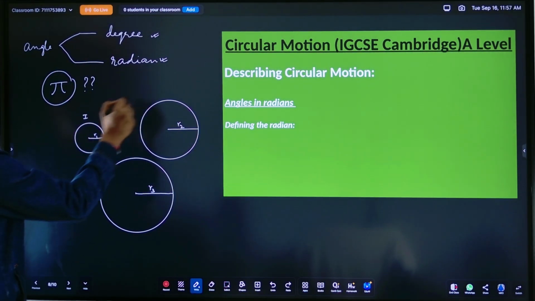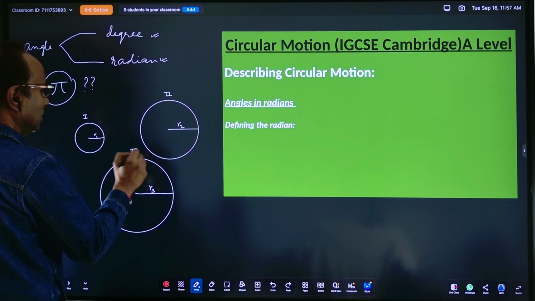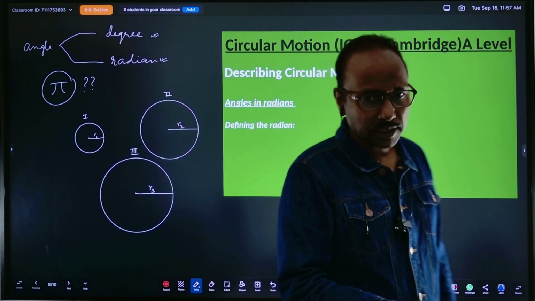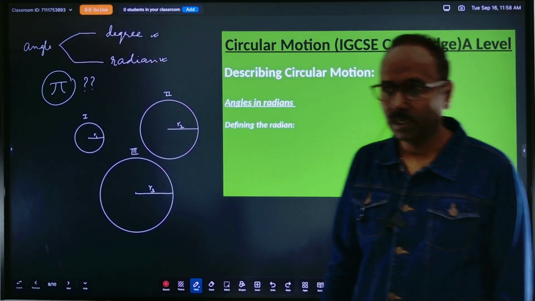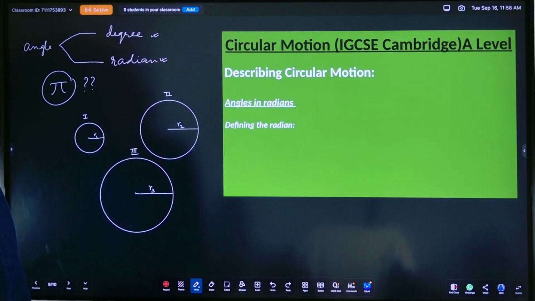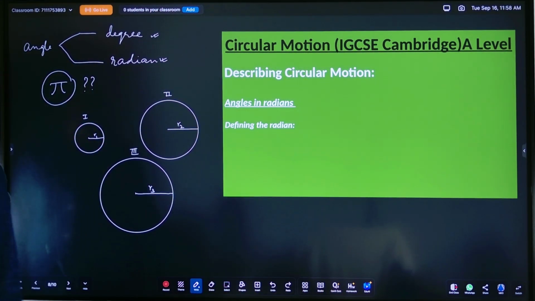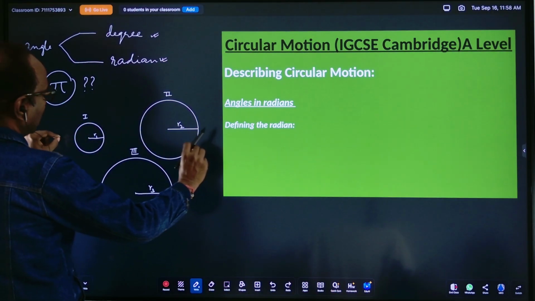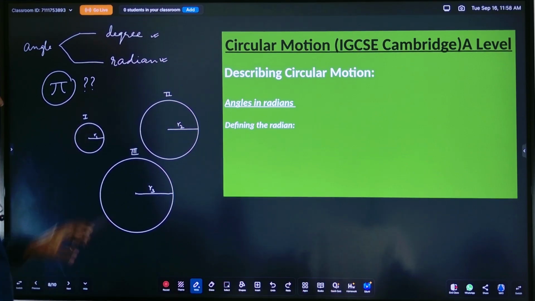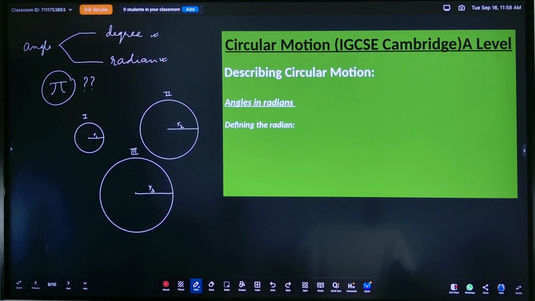This is, let us say, number 1 circle, this is number 2 circle, and this is number 3 circle. Accordingly, the radii of the circles have been named R1, R2, and R3. So what they checked, they cut each circle and measured the arc length of the entire circle for R1, R2, and R3.